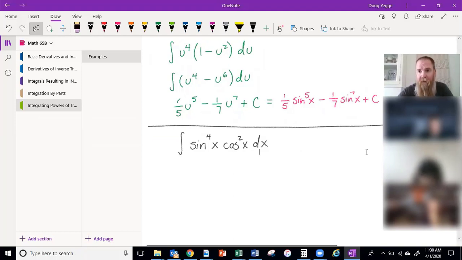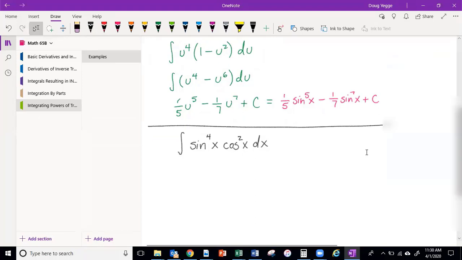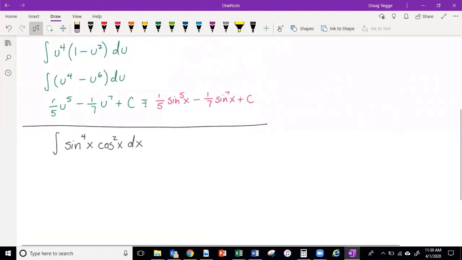Okay, so this is where I should probably do a quick little recap of trigonometry, of the half angle identities. Let me go over here, and I'm just going to remind you of a couple of identities.